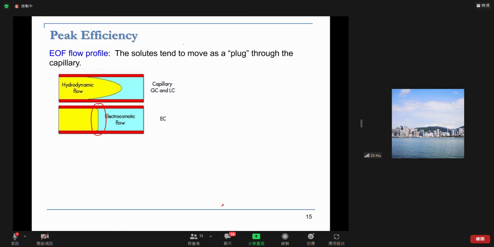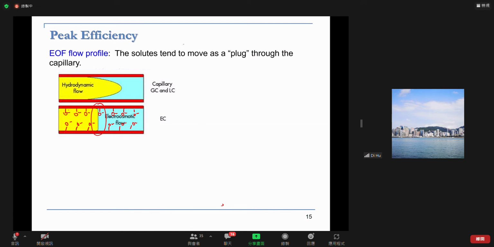Because of the electric field applied, and also because of the negative charges on the inner side of the wall, right? The negative charges help the formation of the double layer. The negative charges are uniformly distributed along the capillary.